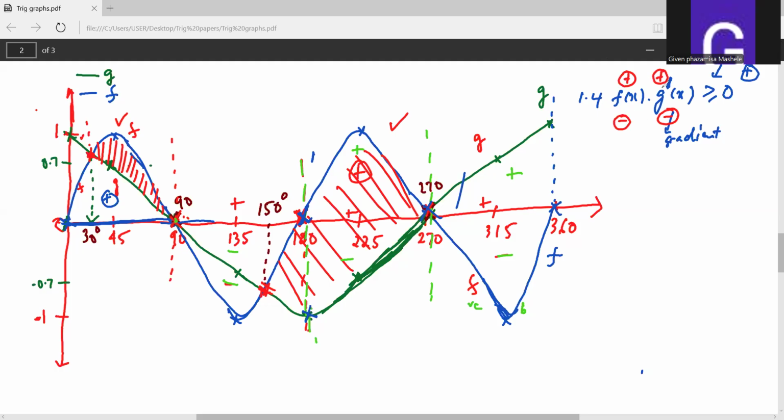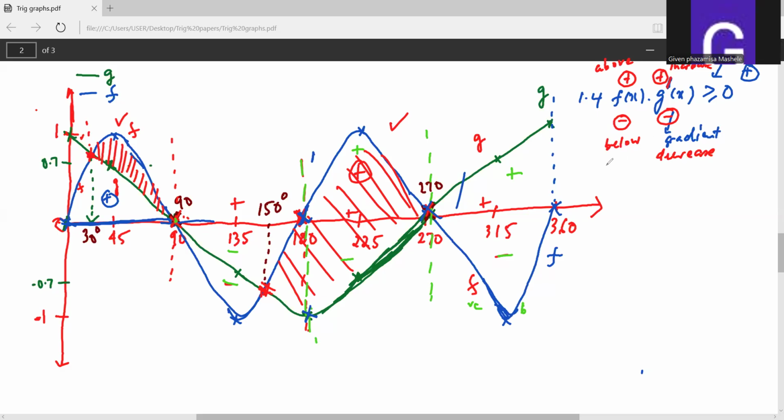In the context of the gradient, where the gradient is positive we want where the graph is increasing, and when the gradient is negative we want where the graph is decreasing. But this time, because it's just a function, we want where it's above the x-axis, and here it's below the x-axis.